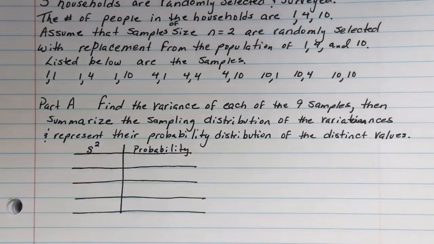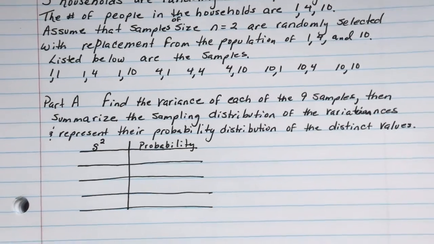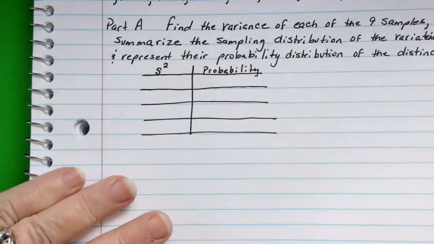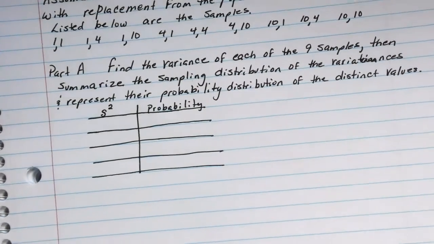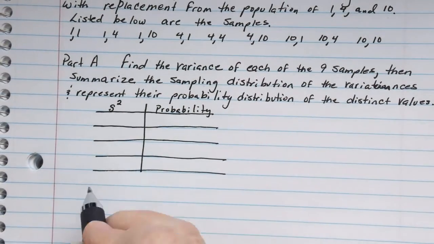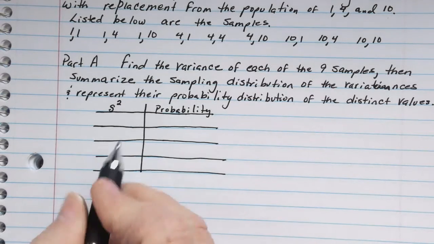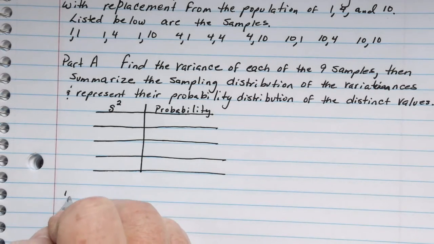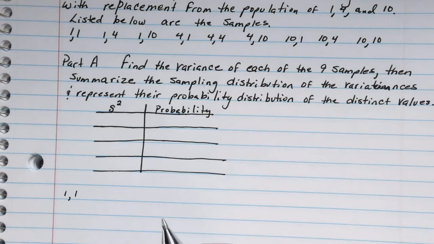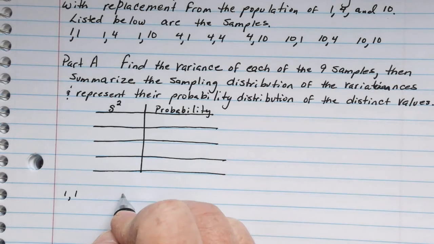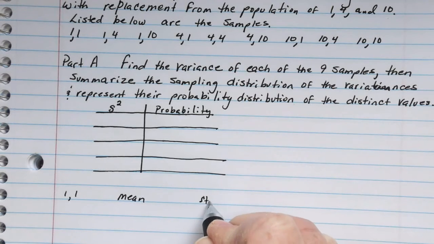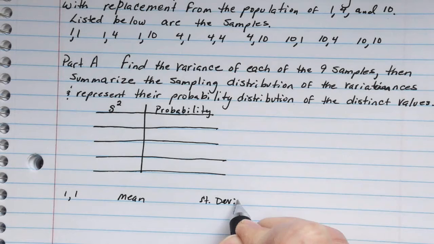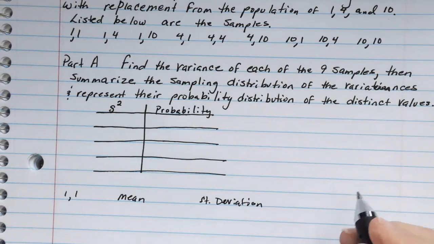We're going to first look at what type of variances could happen. Okay? So I'm going to do a secondary kind of work chart. I have a sample of 1, 1. And then I'm going to need to think about what's the mean, what's the standard deviation, and from there I can get the variance.